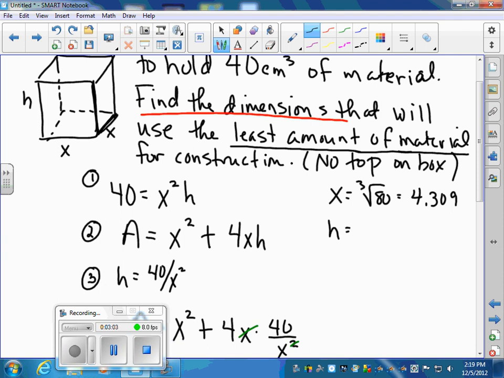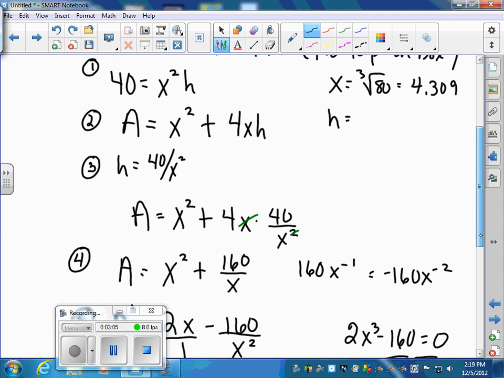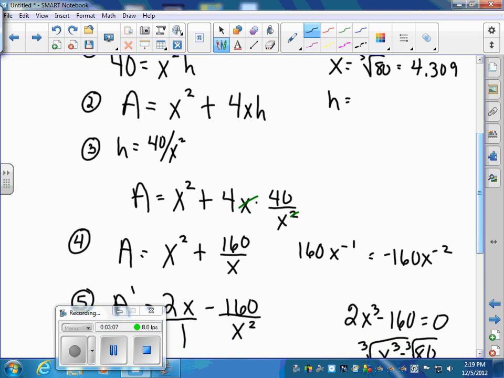If you go back, a couple steps before you took your derivative, when you solved for your variable back on step 3, you have your h in terms of your x. h is 40 over the cube root of 80, squared. Remember, that's 80 to the 2/3. Bottom is the root, top's the power.